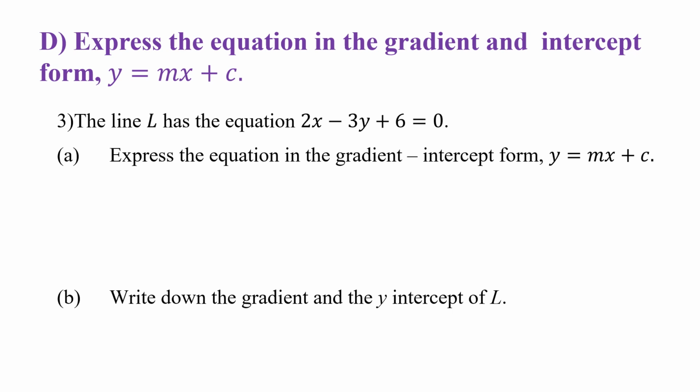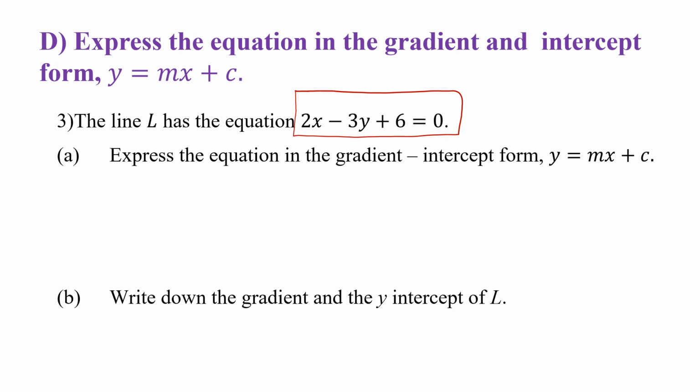For example, if you're given a straight line equation, how are we going to explain to people, from this particular equation, what the gradient is and what the y-intercept value is? Earlier, if I gave you the gradient and 2 points, you formed your equation. Or I gave you 2 points, you found the gradient. Now I give you the equation, and I ask you to tell me the gradient and the y-intercept value. So it's the reverse.